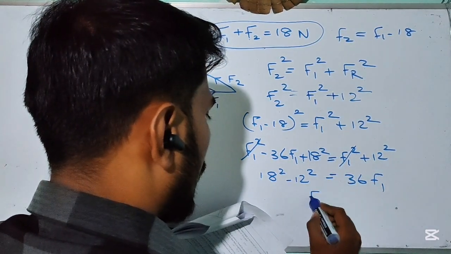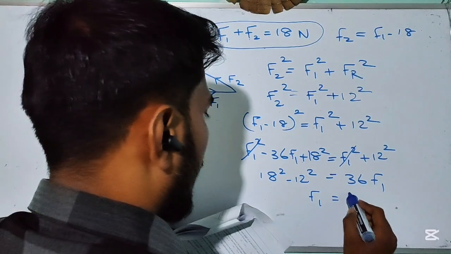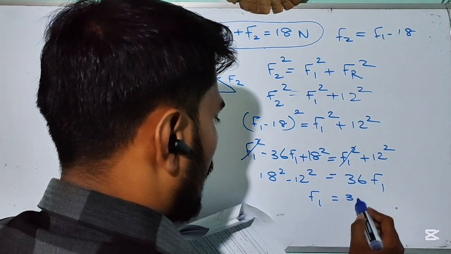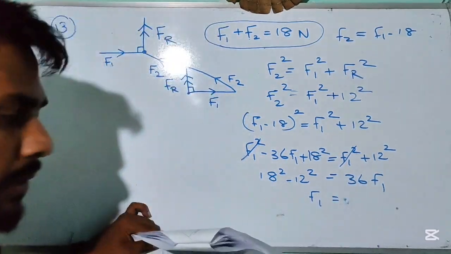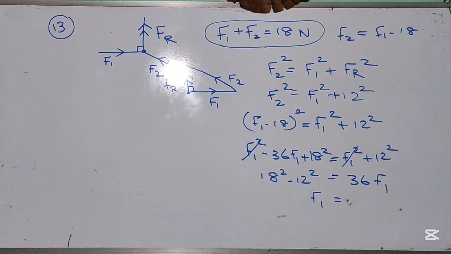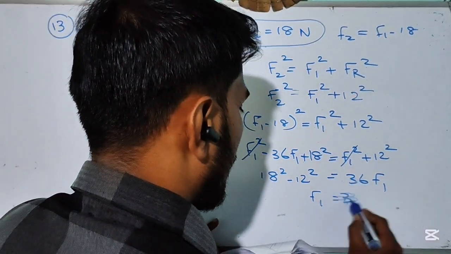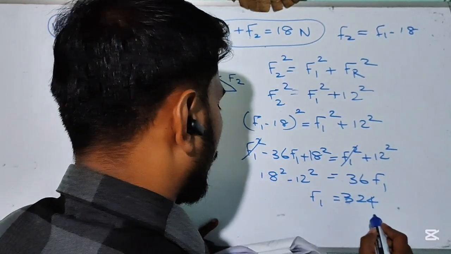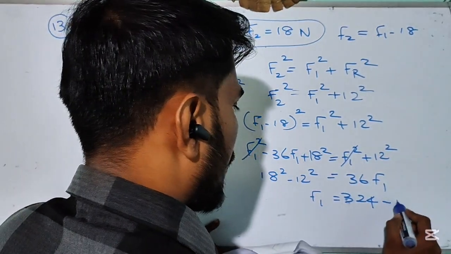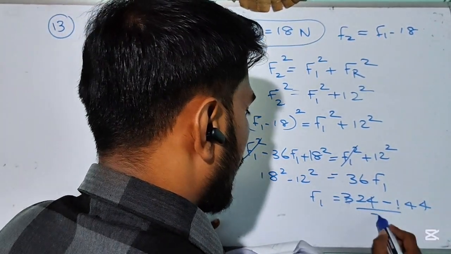So F1 equals 18 squared. 18 squared is how much? 18 squared is 325, no? 324, minus 144, divided by 36.